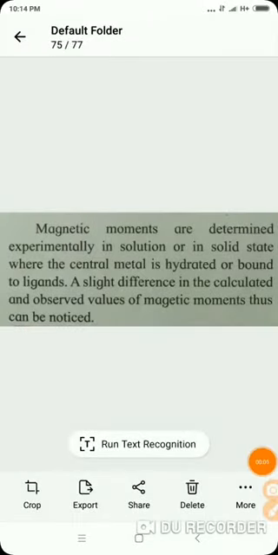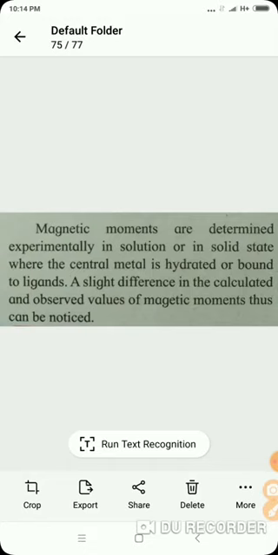Hydrated means water molecules are present along with the central metal ion or atom, or bound to the ligands.